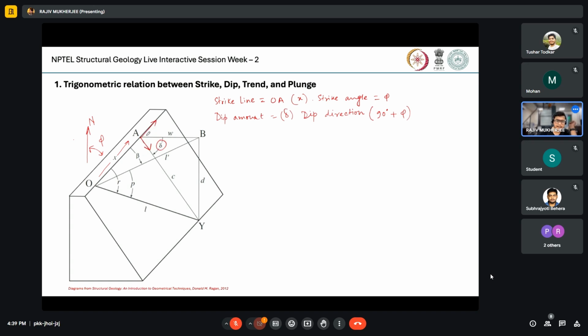So this is the dip direction, this is the dip amount, and this is the strike line. So our goal is to find a trigonometric relation between strike, dip, trend, and plunge. So we have the horizontal projection of the line OP, which is OB.